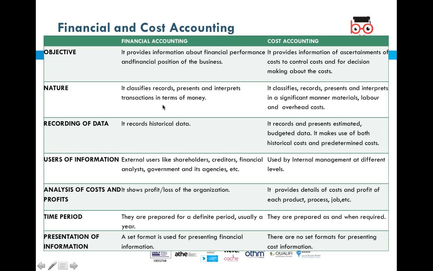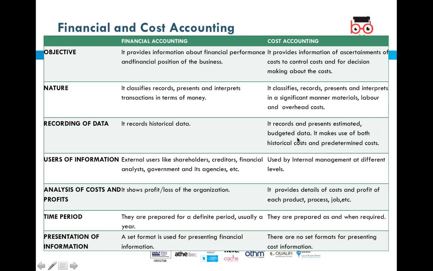Normally financial accounting classifies, records, presents, and interprets in a very conventional way, and cost accounting classifies, records, and presents in a significant manner: materials, labor, and overhead cost. Financial accounting records all historical data.